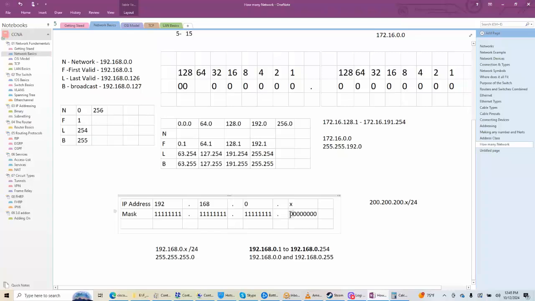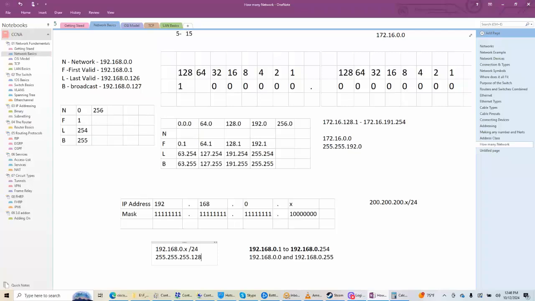Now when I borrow a bit, my subnet number is going to change, because remember, I'm turning on the 128th bit of that mask. So now my subnet is going to be 192.168.128.